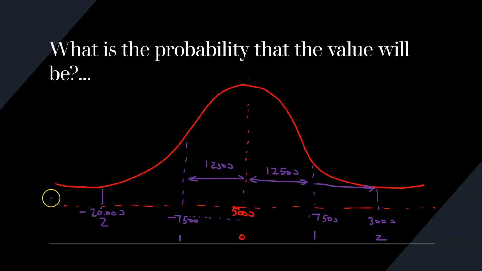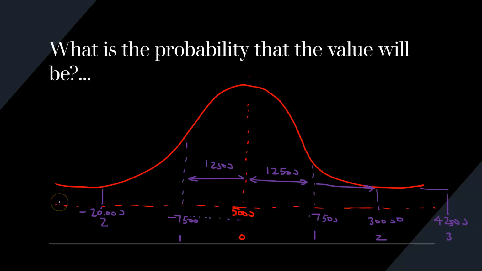And I could keep going if you like, and let's do a third one just because I'm teaching. 12,500 times 3 is equal to 37,500, plus 5,000. So we could be all the way up here. Here we have 3 standard deviations and we're at 42,500. This is 30,000.